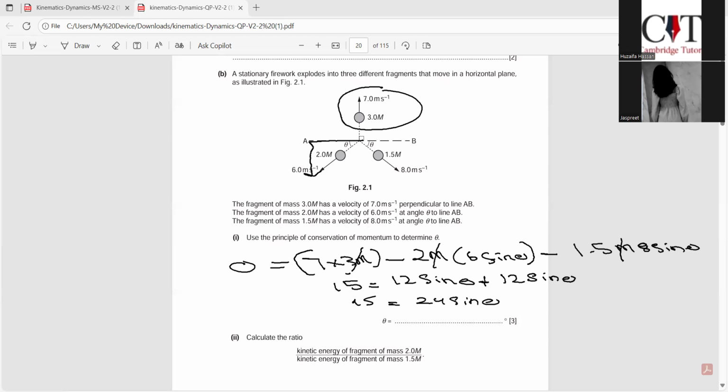Now you can easily calculate it: sine inverse of 15 over 24. What is the answer coming? 38.7.